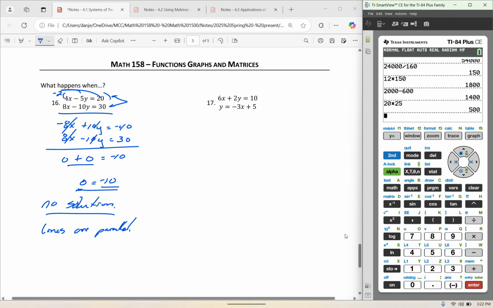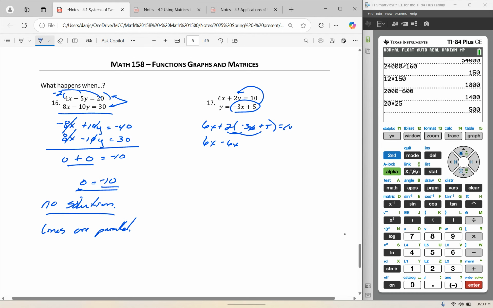Number 17, I'm going to take this y value and plug it in for y. So 6x plus 2y equals 10. 2 times negative 3x is a negative 6x, plus 10 equals 10. 6x and 6x cancel each other out, and I'm left with a statement that's true.